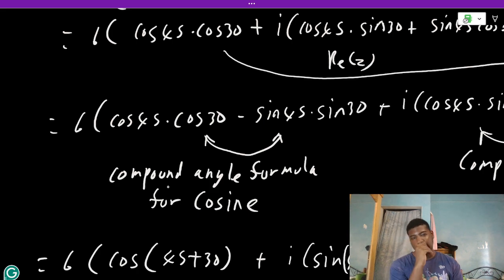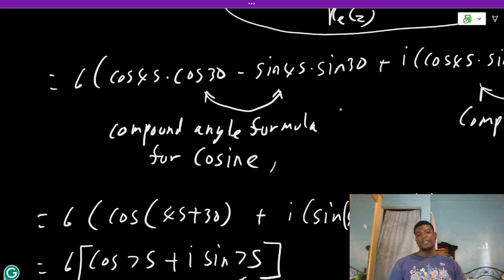It's not separated, like cos 30 minus sin 30 sin 30. Both of their trigonometric values end up multiplying with each other to form the compound angle formula. When we simplify it, it ends up adding the 45 and the 30, the two angles, which gets you the 75. So that is really why it happened.